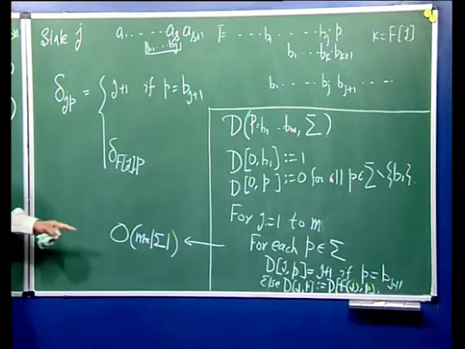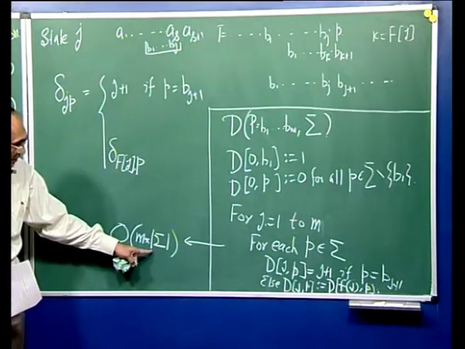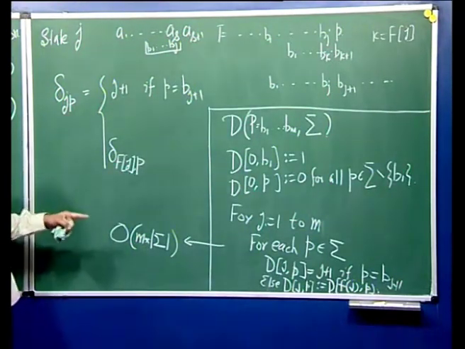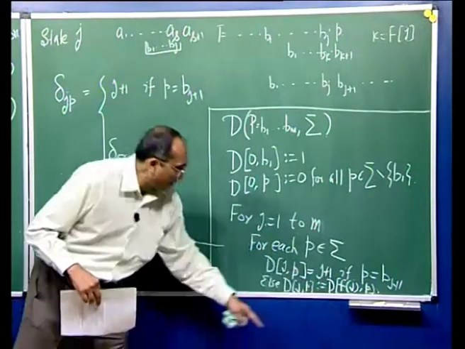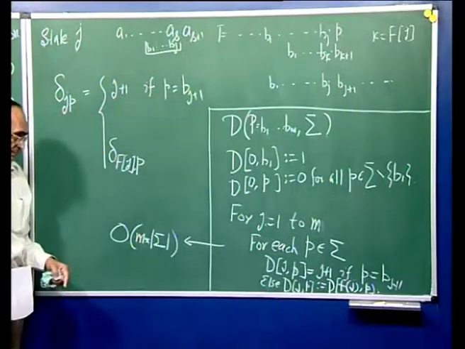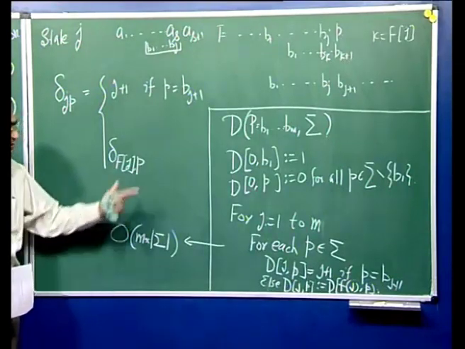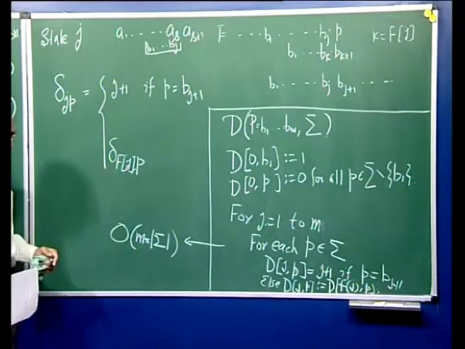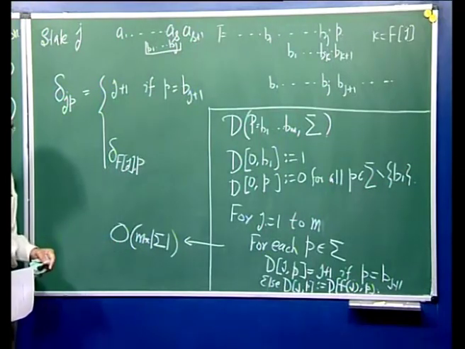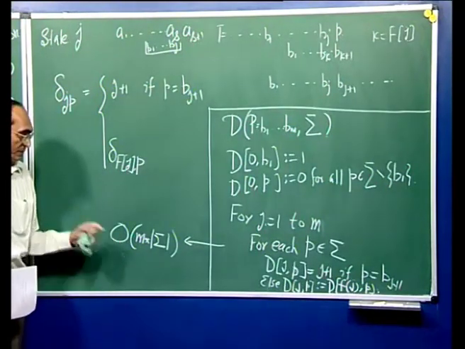You have to keep in mind that this cost and the cost of computing function f, which we have used here, is a one time cost. Subsequently, for every text string we can use this transition function. So, this does not have to be computed more than once.